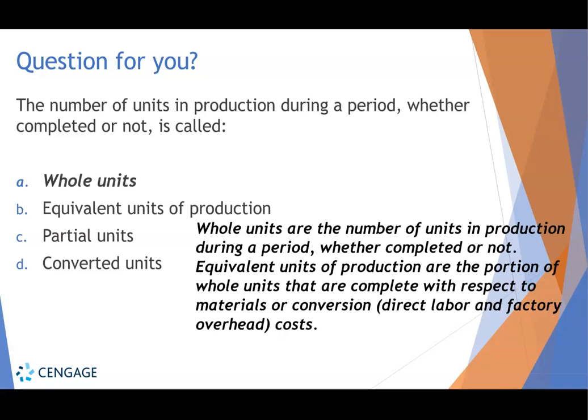These are the number of units in production during the period. It doesn't matter if they're completed or not, they're whole units. The equivalent units of production is the portion of whole units that are completed with respect to materials or conversion. Remember, the conversion is going to be the direct labor and the factory overhead. Okay?